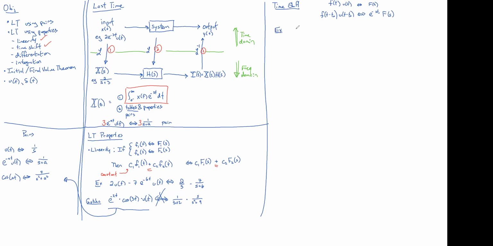So let me just give another example. e to the minus 3t u of t. We know already that that has a Laplace transform of 1 over s plus 3. So what would happen if we shift this by 2 to the right?